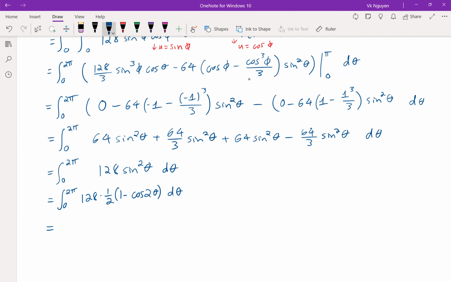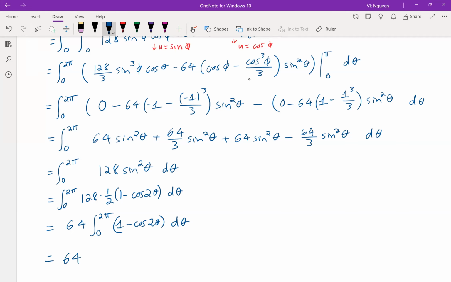So this would be 64 times the integral from 0 to 2 pi of 1 minus cosine 2 theta d theta.